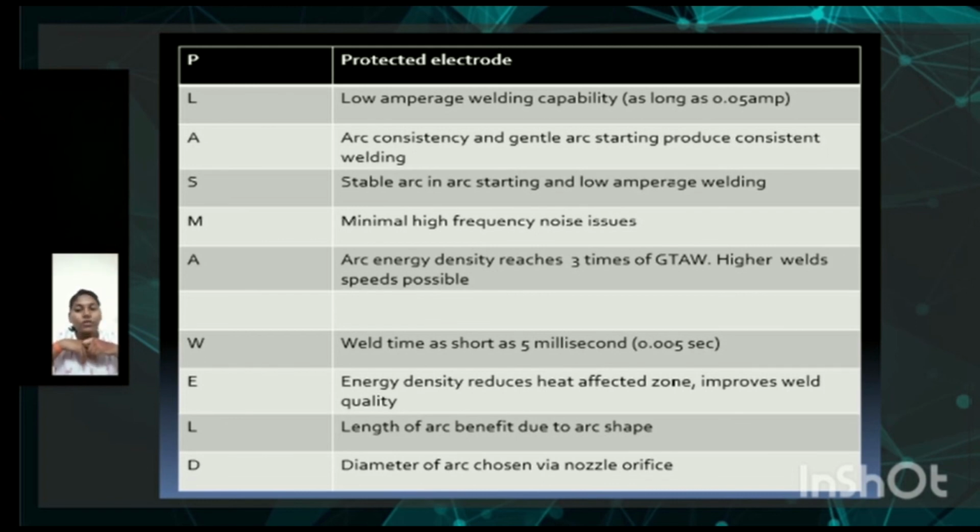E stands for energy density reduces heat affected zone, improved weld quality. L is length of arc benefit due to arc sheet. D stands for diameter of arc chosen via nozzle orifice. The nozzle orifice is most commonly used as a flow measurement device as well as to control the flow.